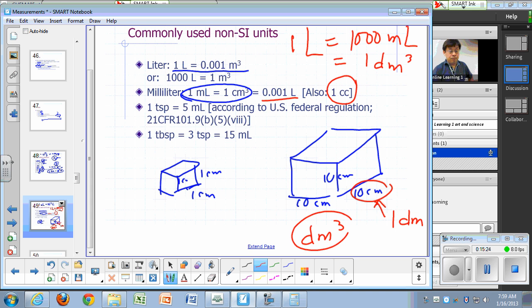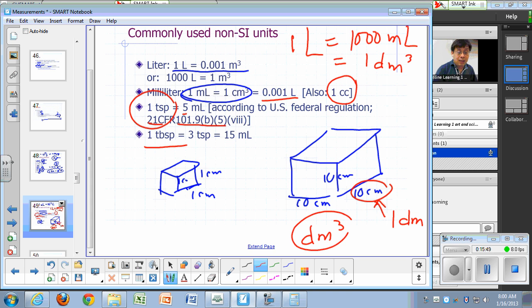That's 1 liter. Now, a teaspoon has been officially defined by the U.S. government according to the United States Code of Federal Regulations, Section 101.9b5, Section 8. That is now defined to be exactly 5 milliliters. So for something to be legally called 1 teaspoon, it has to be 5 milliliters.